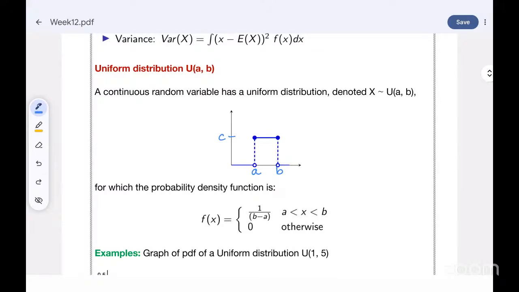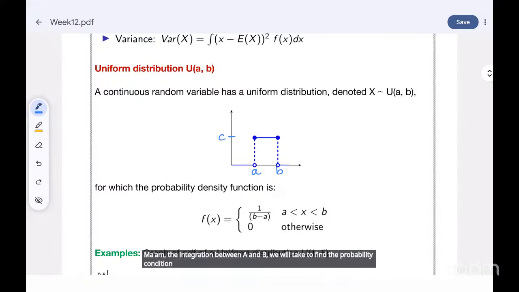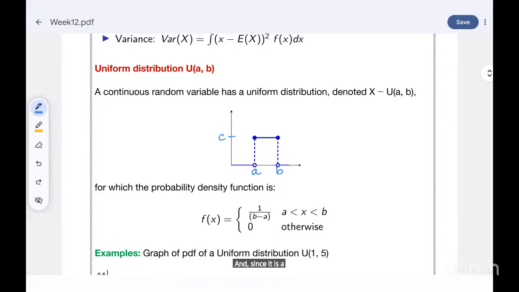The integration between A and B, we will take to find the probability density function. Since it is a constant, its integration will be constant.